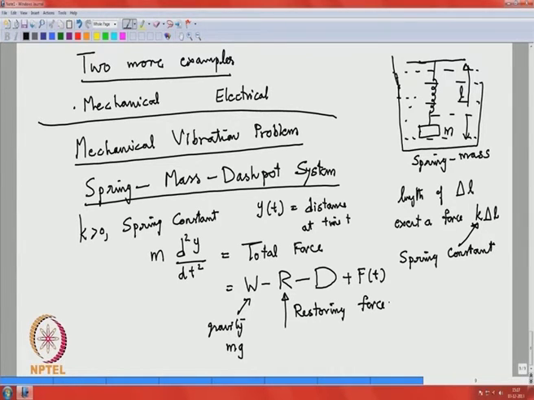Suppose it is y(t), and if you pull it a distance of delta L, where y is the distance at time t, the restoring force will be k times y(t) plus delta L. And the drag force, as I told you, is normally proportional to the velocity. So, you will have c into dy by dt, that is the velocity.